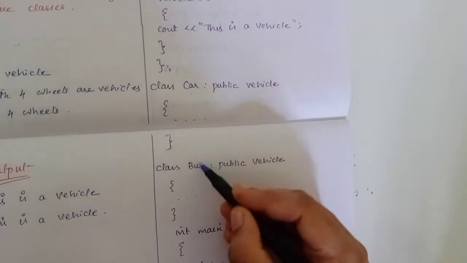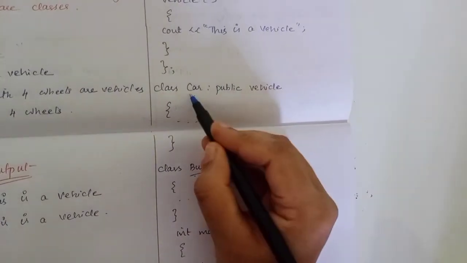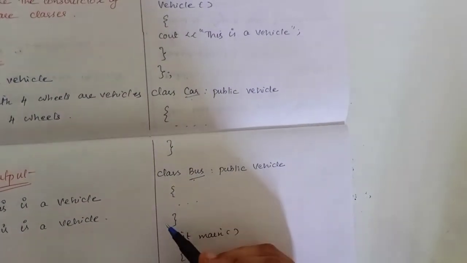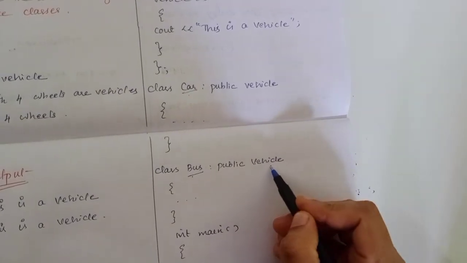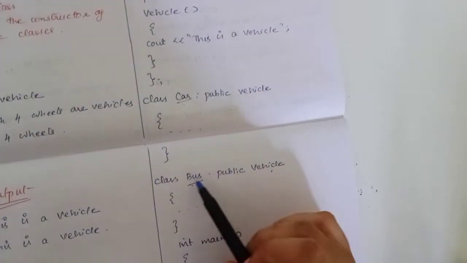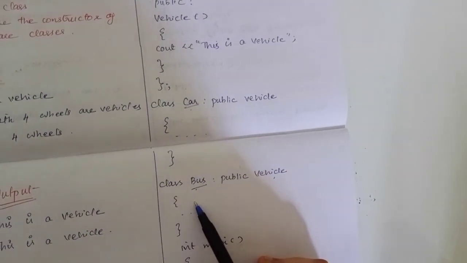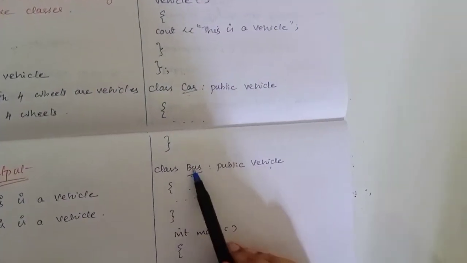Then again I created the next derived class, bus. This is also a derived class, and again this vehicle is the base class. So here there is only one base class and two derived classes.